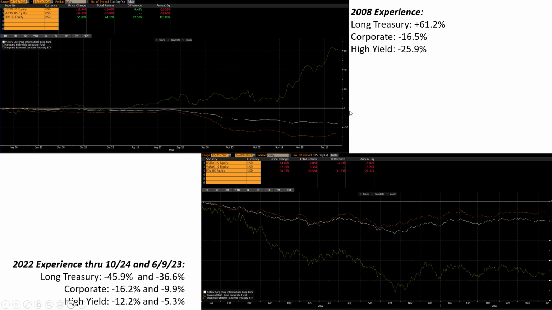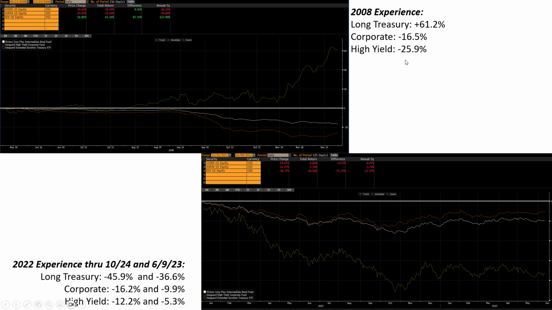So in 2008, long-term treasuries were up an amazing 61%. If you had owned 20-year, 30-year treasuries in 2008, you would have made a lot of money on treasuries that year.